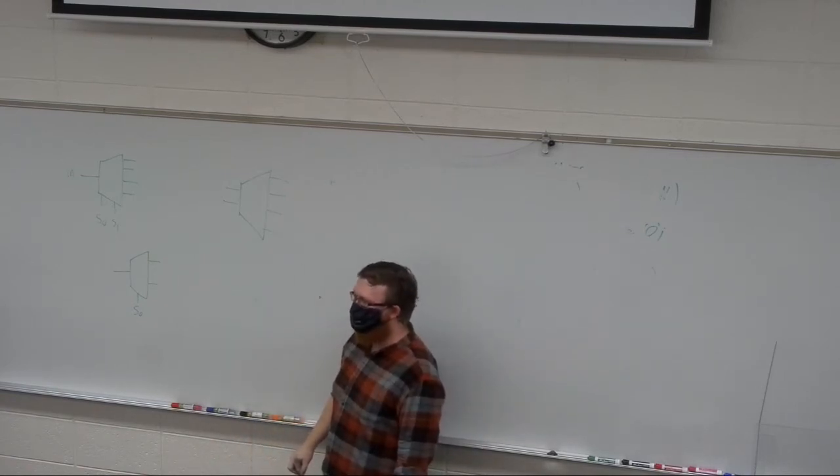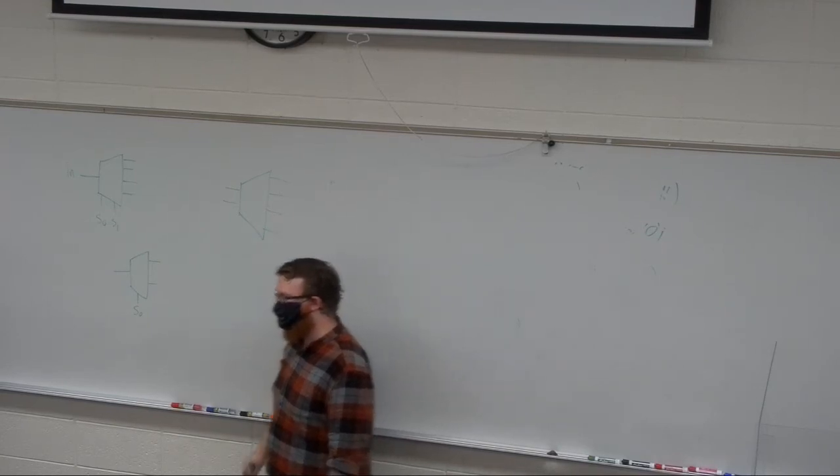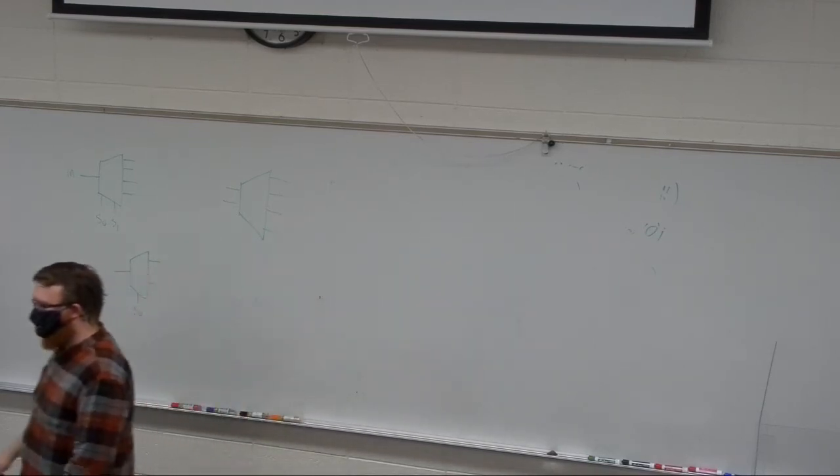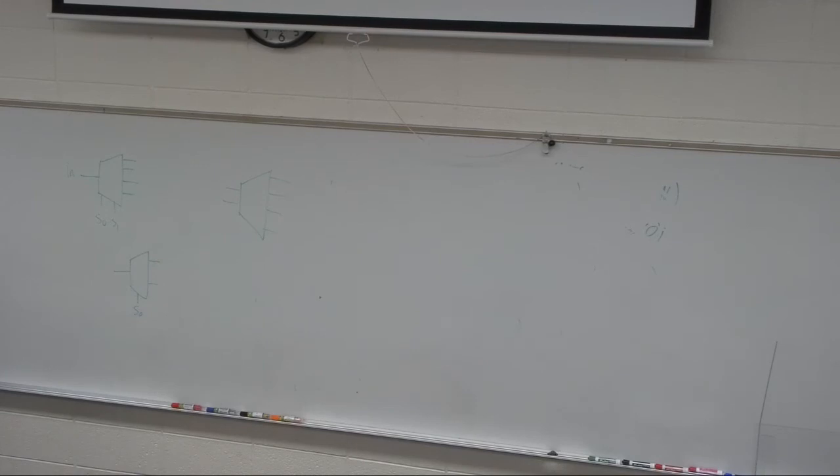Yep. To 4 out. Like I understand getting 1 in and 1 out, but 2 in, 2 out, or 2 in, 1 out. Can you read the full question for me? So it says show how to make a 2 to 4 line demultiplexer using several 1 to 2 line demultiplexers. 2 to 4. I mean, that is a weird way of phrasing it.